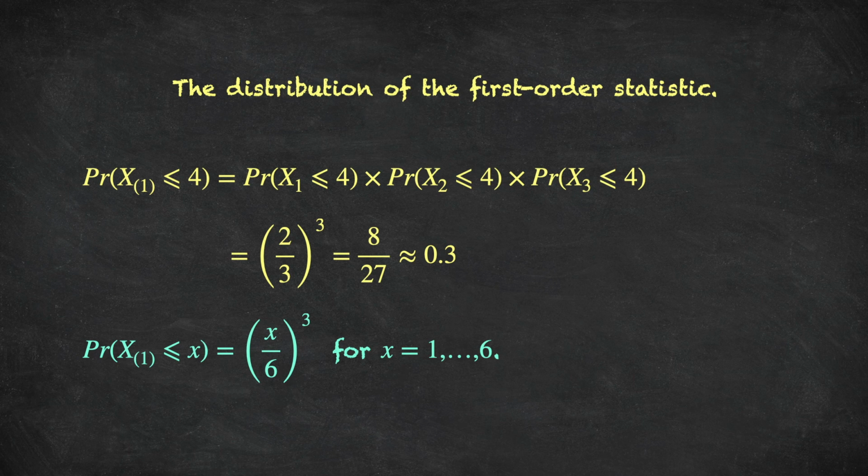If you do the calculation, you'll find that we simply take x over 6, so we're adding up 1 over 6 x times for each of the random variables, and then we take that to the power 3 because there are 3 independent random variables in this case.